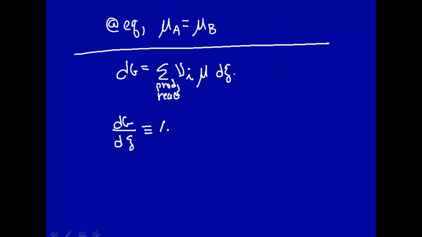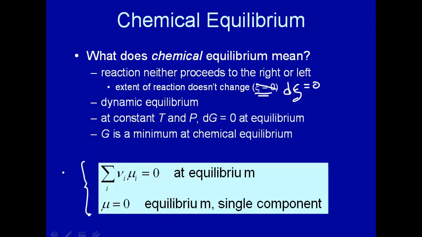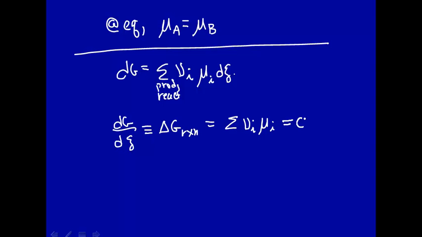And this we're going to define as delta G of the reaction. That's the delta G that we learned about in introductory chemistry. That's equal to just the sum of the stoichiometric coefficient times the chemical potential of that particular species. Xi, remember, doesn't depend on whether you measure reactant or product, so we just pull that over there as a constant. And as we said, that's what we have here at equilibrium. So that's equal to 0 at equilibrium.